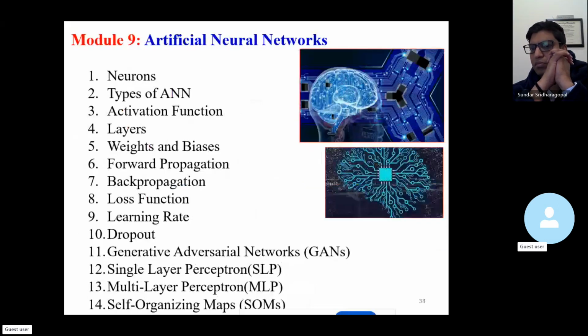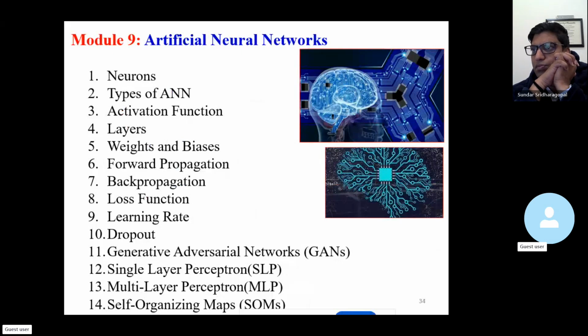Then see the fundamental concepts for machine learning and deep learning. We are studying artificial neural networks. What is a neuron and how many types of neurons, artificial neural networks, what activation functions are available like ReLU function, sigmoid function, etc. Then what are the input layers, hidden layers, etc. And what are the weights and bias, forward propagation, back propagation, loss function, learning rate, dropout.